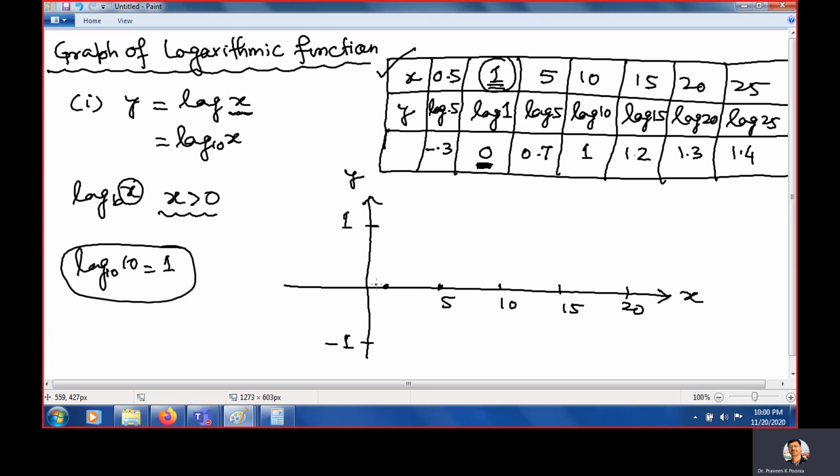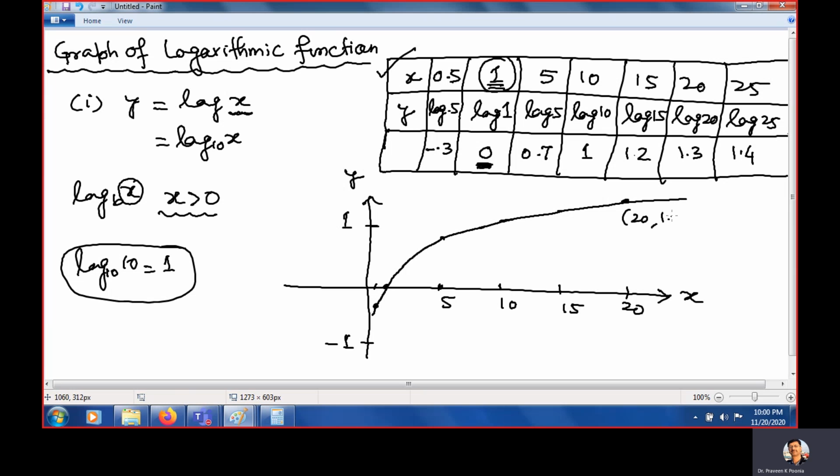At 5, it is 0.7. At 0.5, it will be here, at -0.3, so the point is here. At 10 it is 1, at 15 it is 1.1, at 20 it is 1.2. If you join all these values, how will you get the graph? You will get the graph like this. Just join these values. Clear?